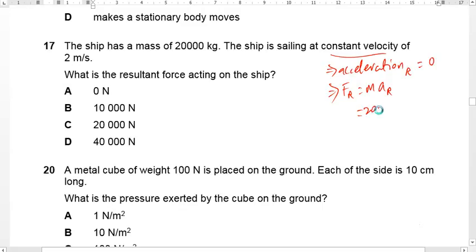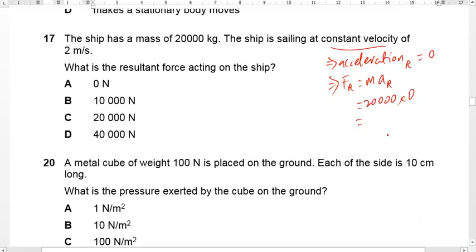Okay, 20,000. What's the acceleration? What did Shufi just say? 0. So equals to 0. Yeah, you were correct. I just challenge you a bit, then you not sure already. So A.